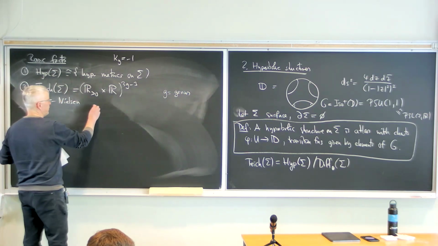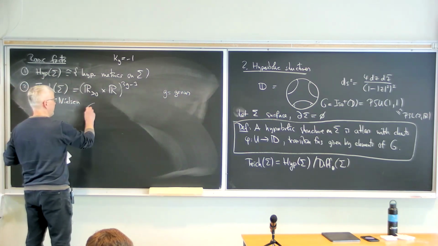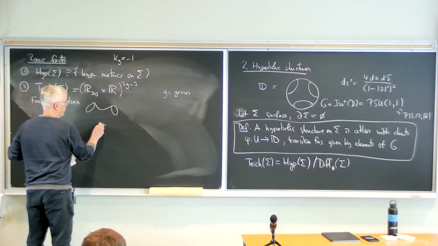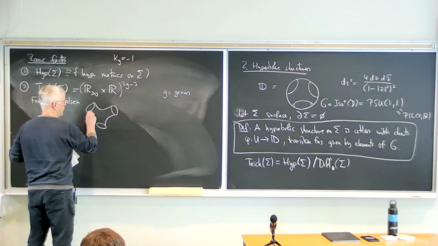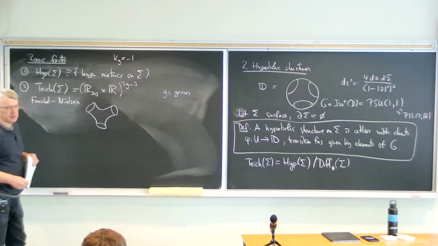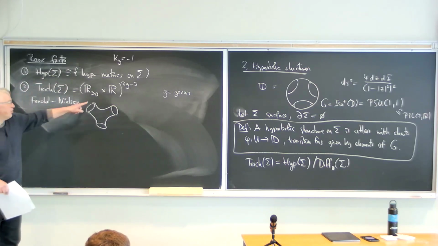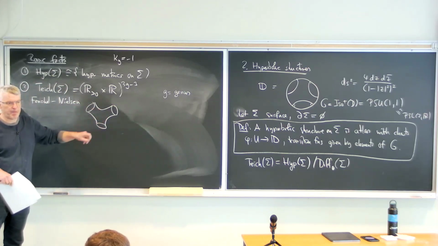So what one does is, okay, a little bit of hyperbolic basics. If you have a pair of pants, so as a surface now with boundary, and we're looking at hyperbolic metrics with the property that the boundaries are geodesics.